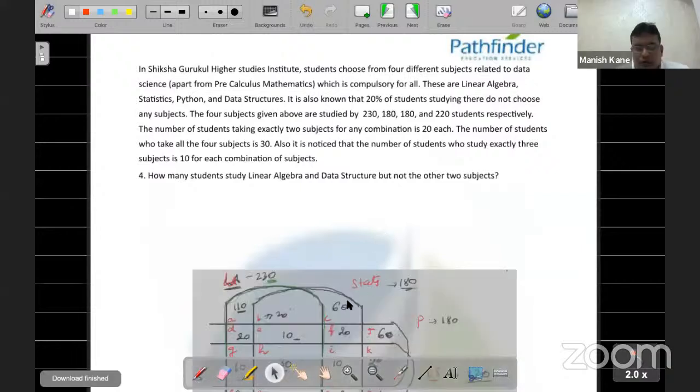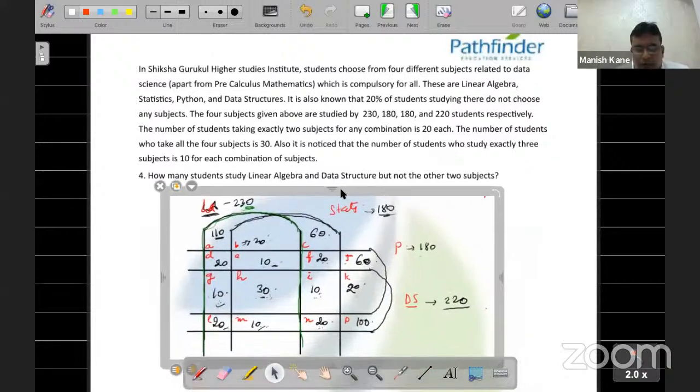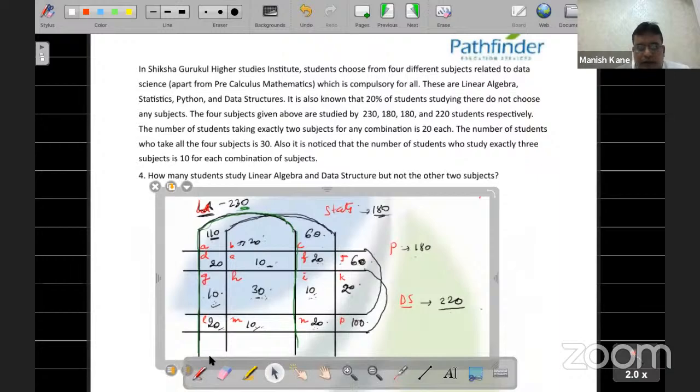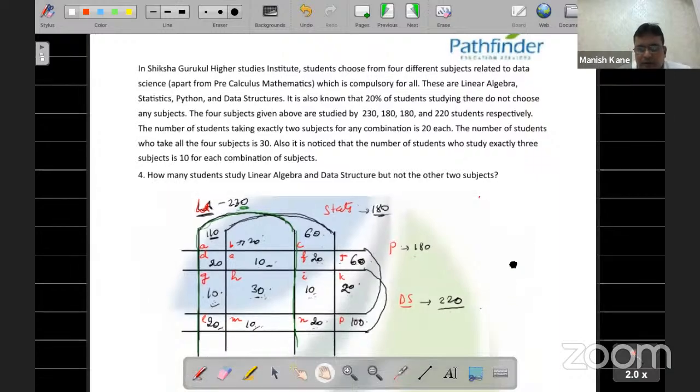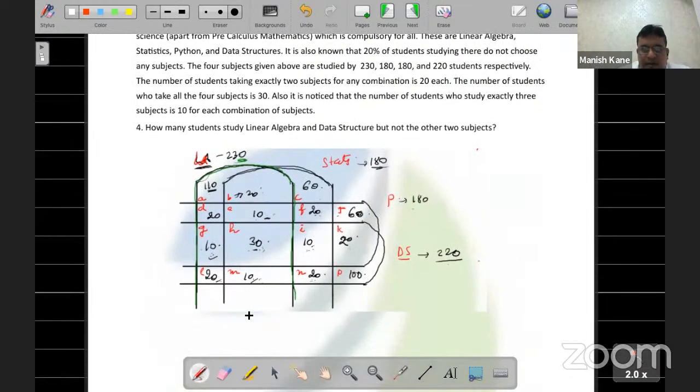Next and the last question for today. How many students study linear algebra and data structures, but not the others? It is linear algebra and data structure, right? So there must be an area common to linear algebra and data structures. Which is that area?